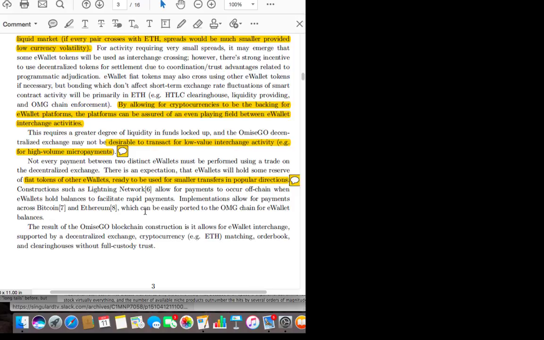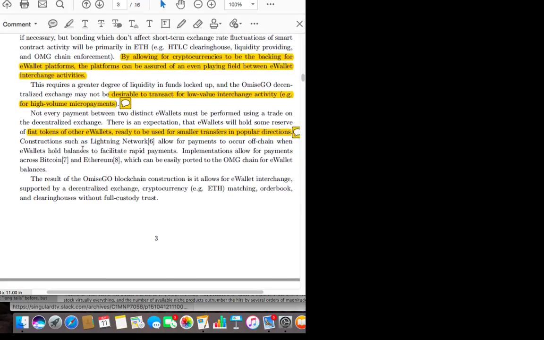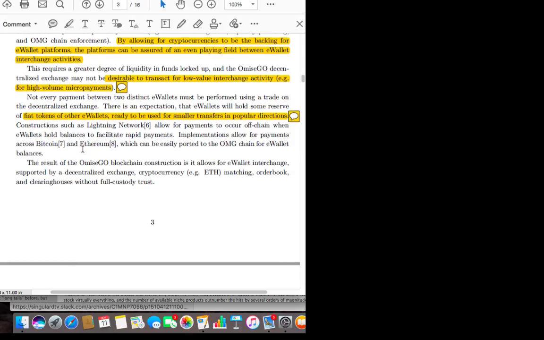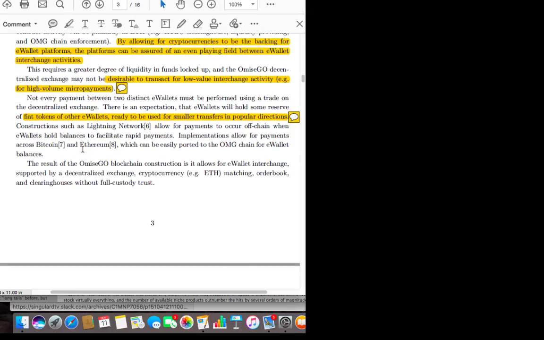There's likely an auditable way to determine the value amongst the platforms, and to avoid some type of funny business or advantages between those e-wallet interchange activities. That's what I got from it, guys.